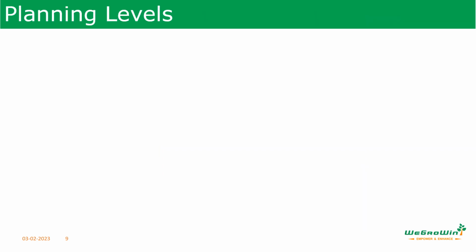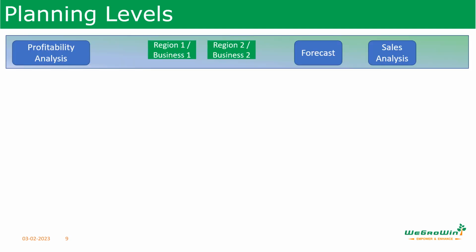So when you are handling the demand, addressing the demand is the planning, right? Planning is not done just at material requirement planning, MRP. There are different levels. One is the profitability analysis, where the organization will analyze which region, which product, which business is doing well. So they will work out the forecast, the sales analysis, those kinds of things.